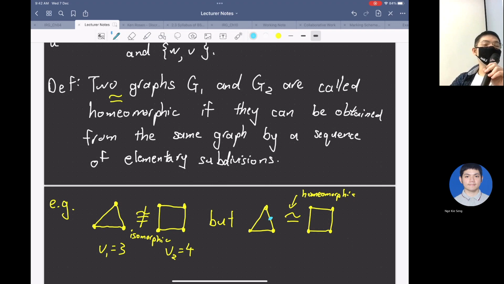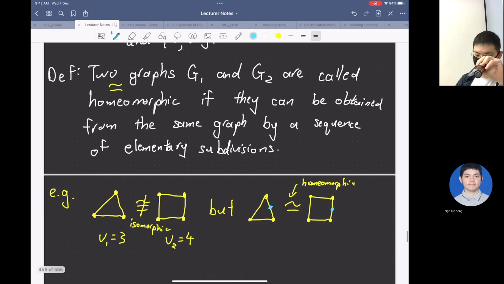That means all the cycles of length 3 or more are homeomorphic to each other, because I just keep subdividing. Then I will get the hexagon. So I can just keep subdividing. This is homeomorphic.